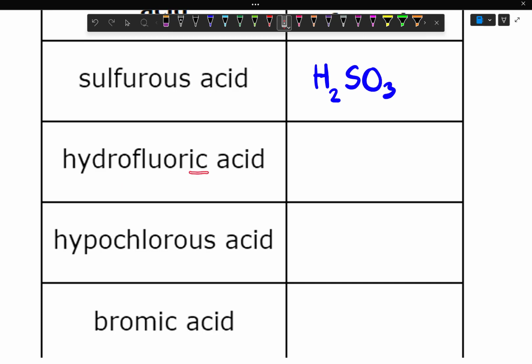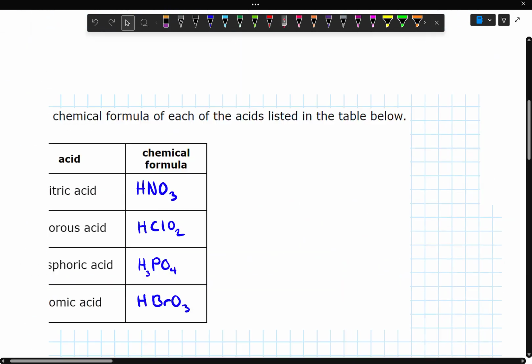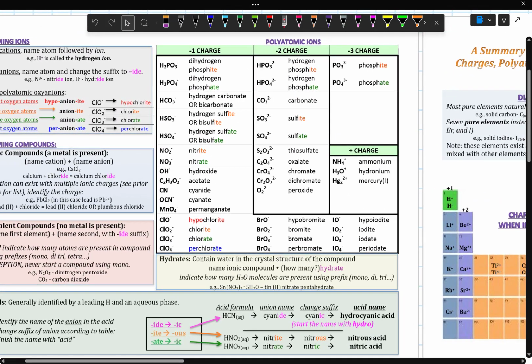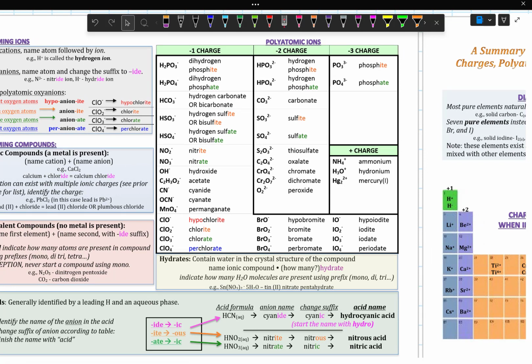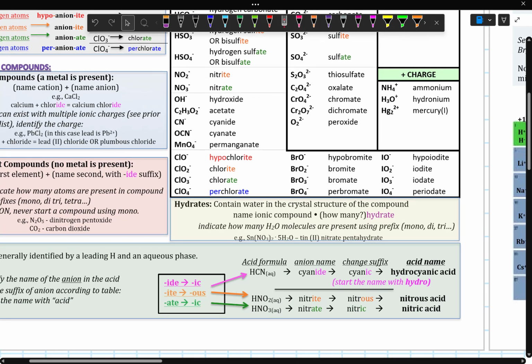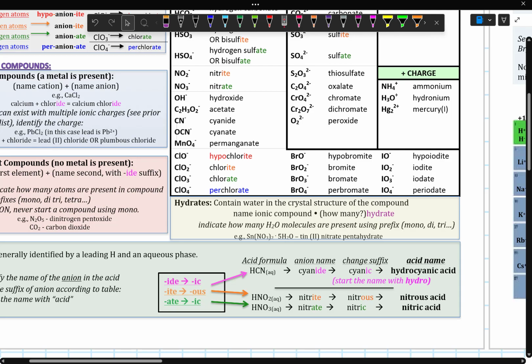And fluoric, we have IC again. And if we check our table, well, there's no polyatomic ion that deals with fluoride here, there's no FO3 or anything like that. We don't have any of that, so we know that we're just dealing with fluoride on its own.